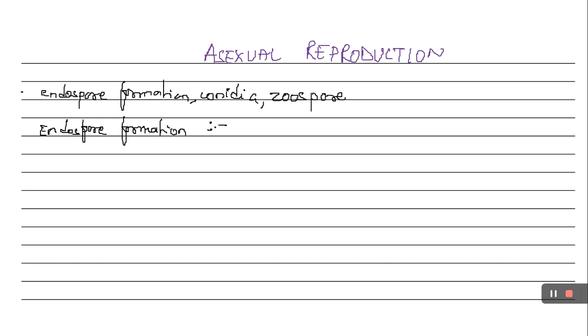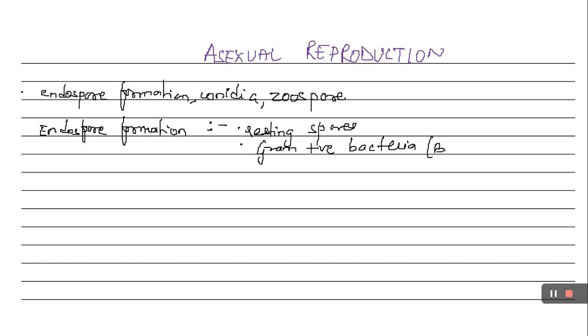So endospore, what kind of spores are these? These are resting spores. They are formed in some gram-positive bacteria. Which kind of bacteria forms these endospores? These are formed by gram-positive bacteria.